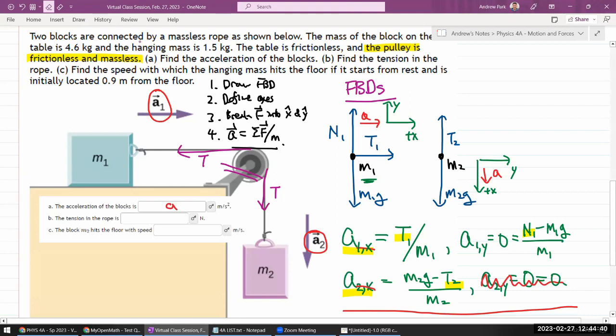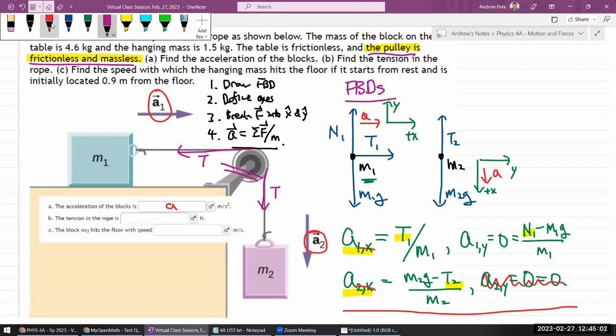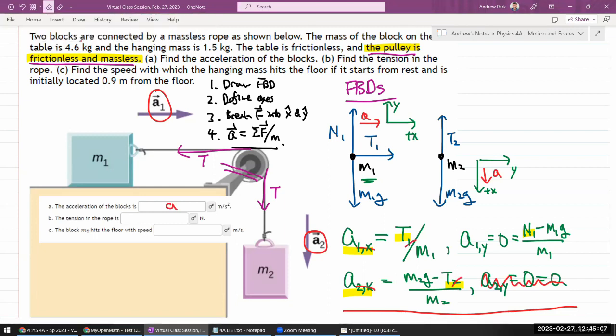I labeled them T1 and T2 because that's good problem-solving hygiene, a good habit of using different symbols for quantities that are potentially different. For this specific setup, the description is authorizing you to set T1 equal to T2. So instead of using those subscripts and having them count as two unknowns, let's just get rid of the subscripts and have the one unknown T. And that's what will go here.